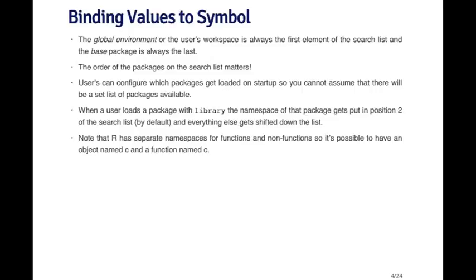The search will then include that new package, in addition to all the other packages that were originally on the search list. One thing to note is that R has separate namespaces for functions and non-functions. So it's possible to have an object named c somewhere and a function named c. Of course, in your global environment there can only be one symbol named c, but it's possible to have, for example, a vector named c, and that won't necessarily interfere with the function that already exists that's also named c.